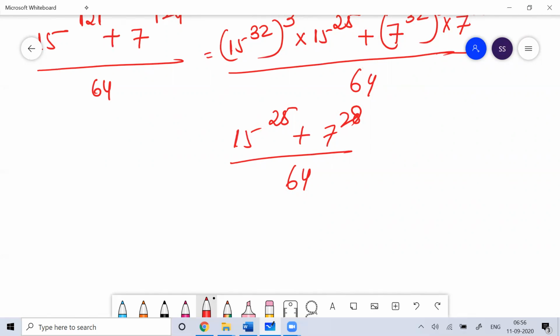If you divide by 64, what is the remainder? One power is odd, one power is even. Here I cannot use Euler's theorem, because the quotient number of 64 is 32.